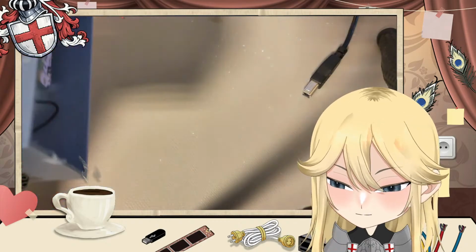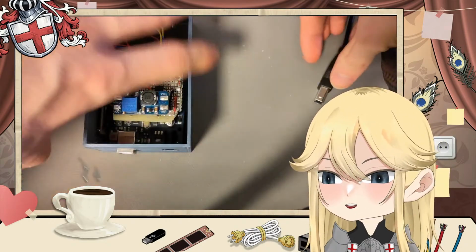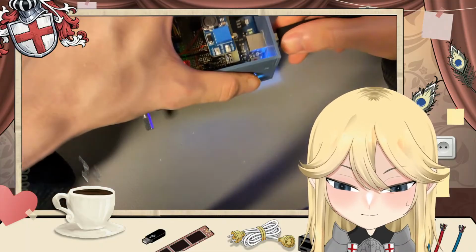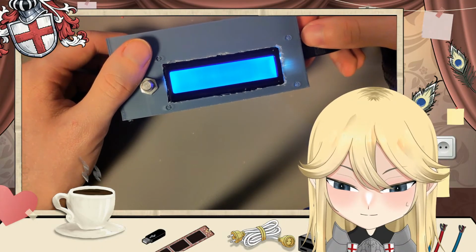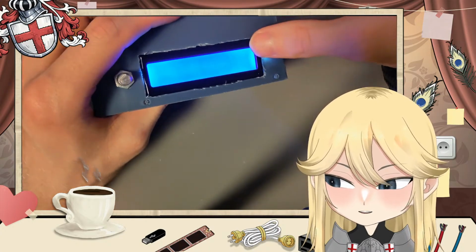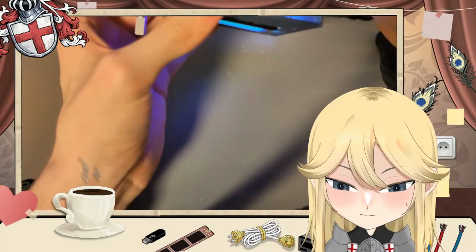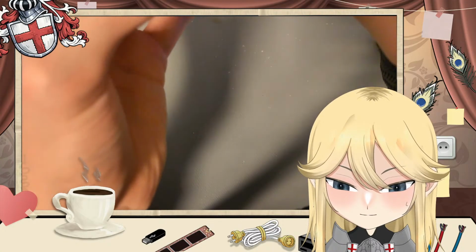Did I touch the box or something when soldering? Okay, let's see. Plug it in. Is it? Oh, it's not in. Yeah, let's correct that. Oh shit.